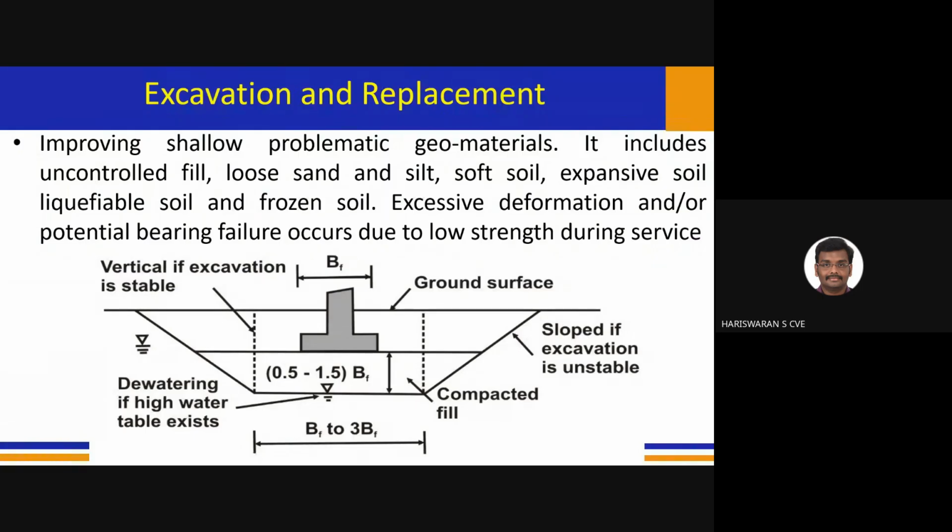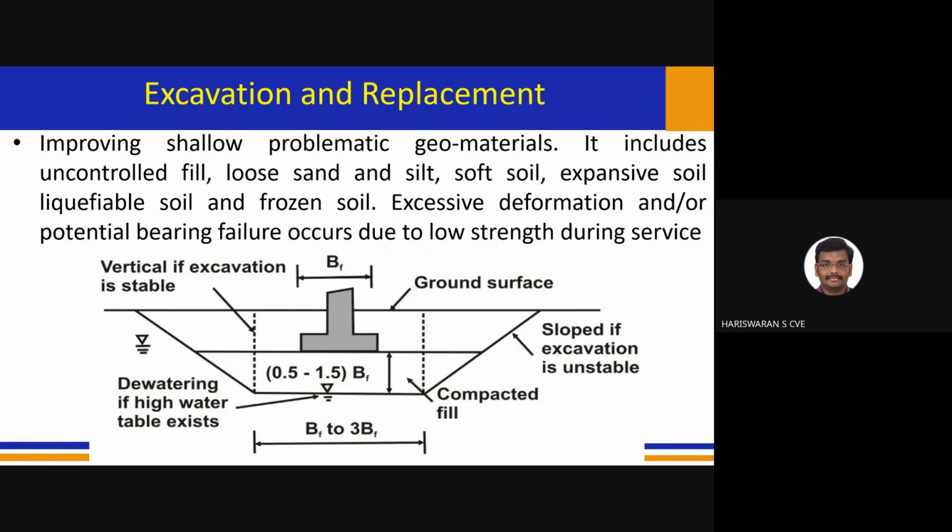So if that region has a good type of soil, we need not worry regarding the performance of the structure. With excavation and replacement, you come to know that the soil is weak, has low shear strength, and has a chance for expansion and chance for liquefaction.